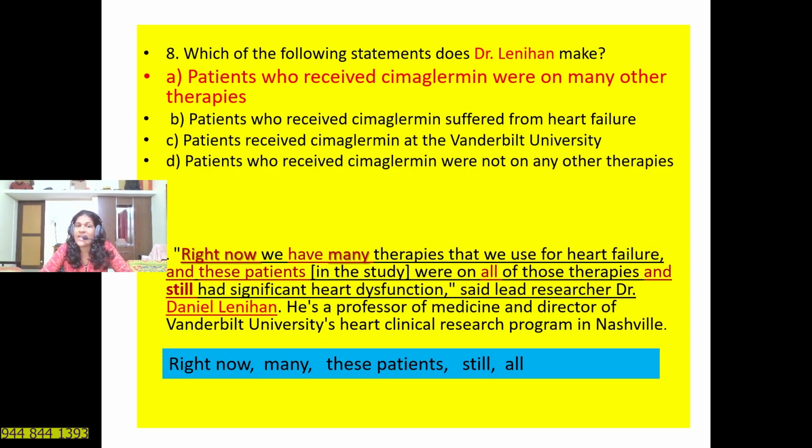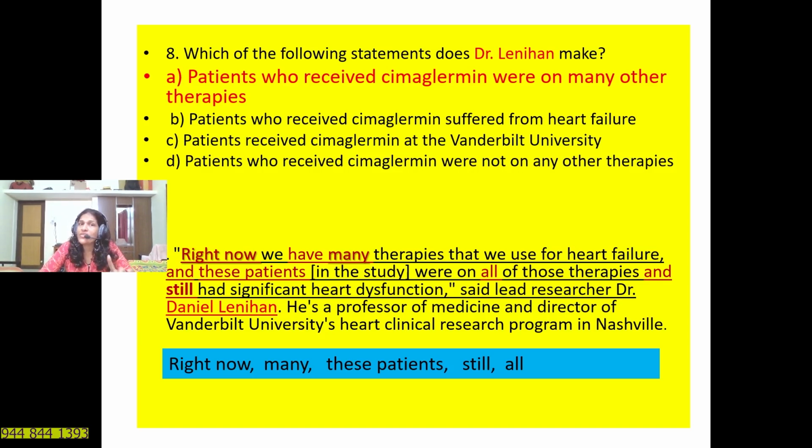Patients who are in the study were on all of those therapies. All is everything. So many therapies and all, and still had significant heart dysfunction. That means having been given all the therapies, this particular group of people still have heart dysfunction. So option A is definitely the correct one.